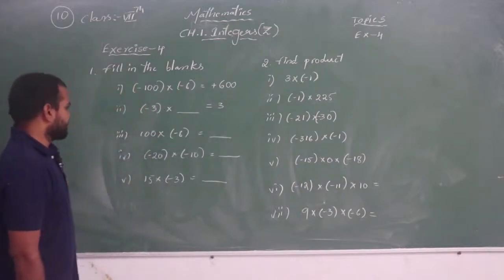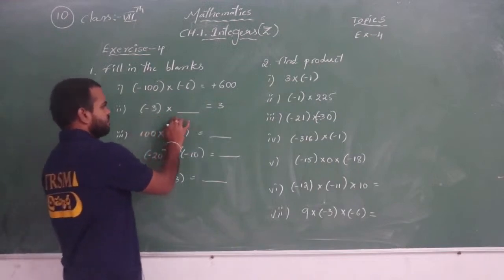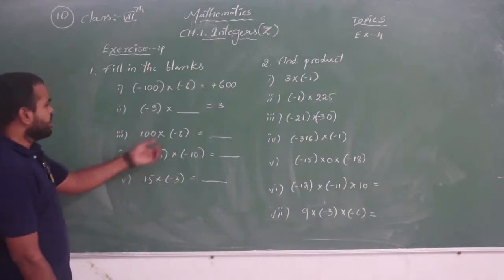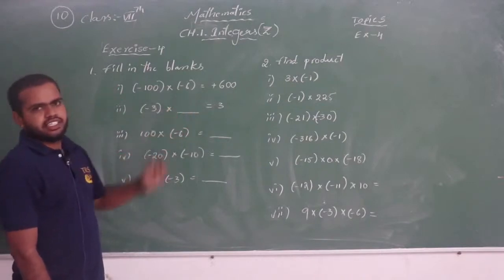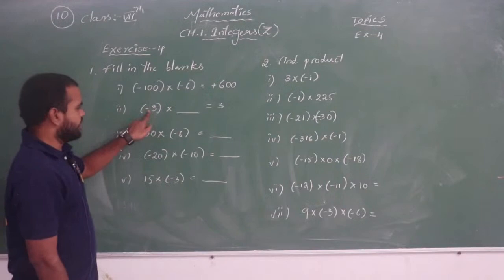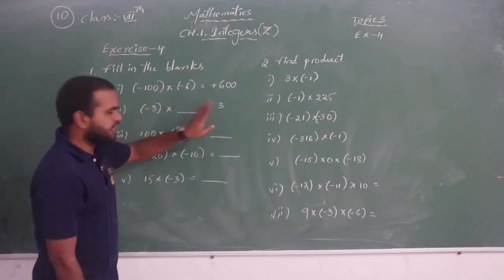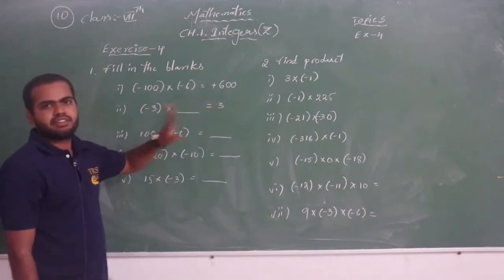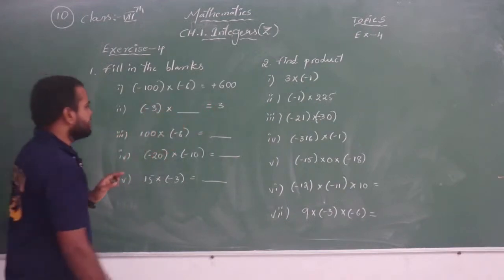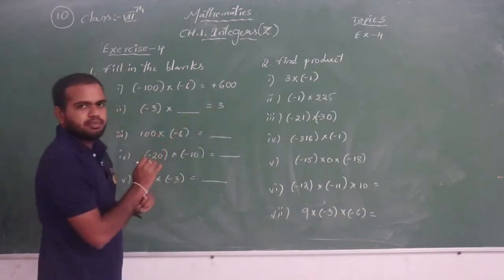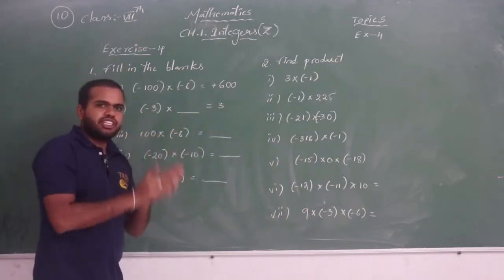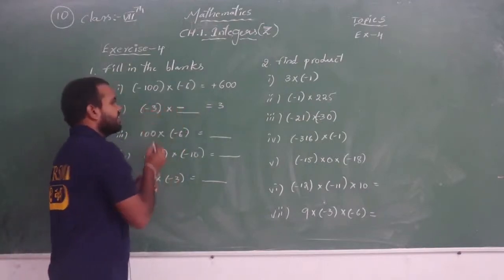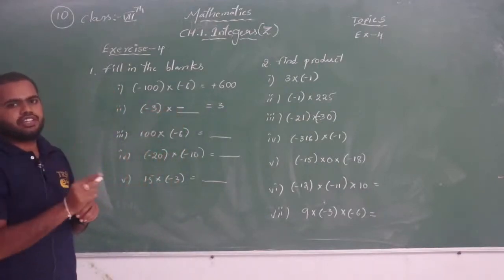Okay. Now see the second question: minus 3 into dash equals 3. Here we have to use an appropriate integer. The minus is here, minus 3. We get the same 3, but here we have a minus and there we have a plus. The product is plus when we multiply a negative integer with a negative integer, so the number we take definitely should be a negative integer only.